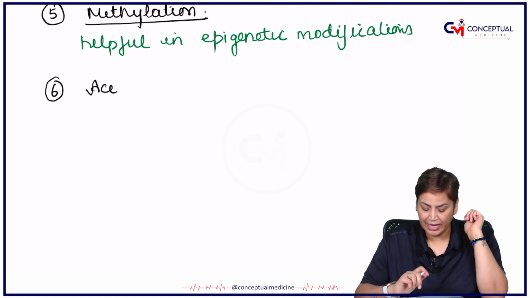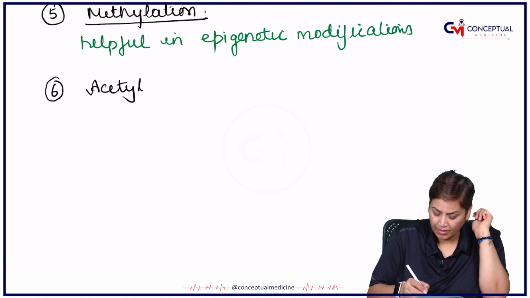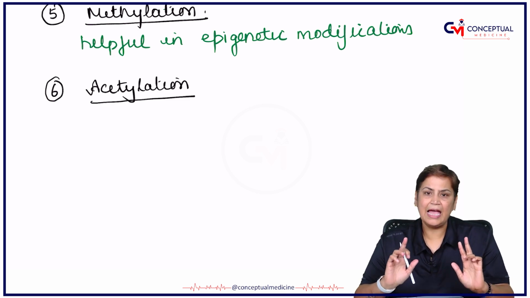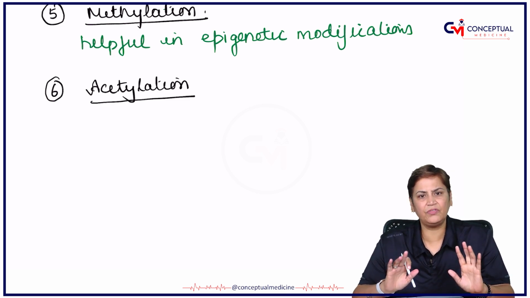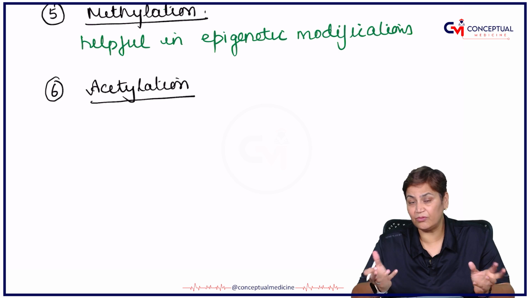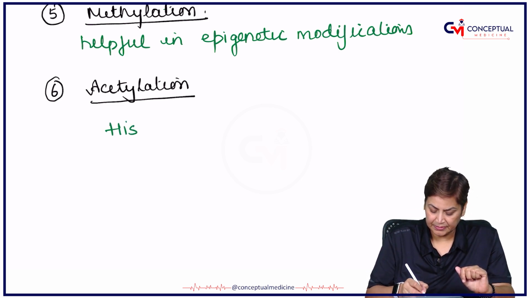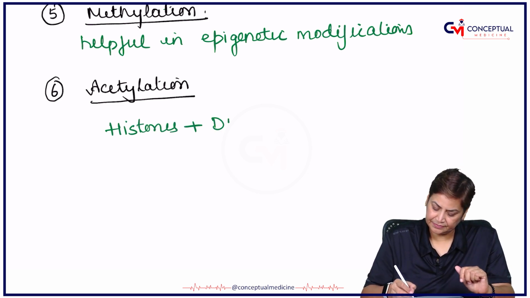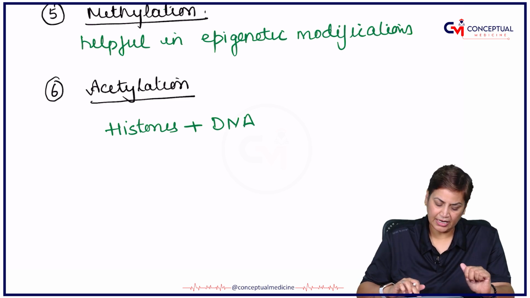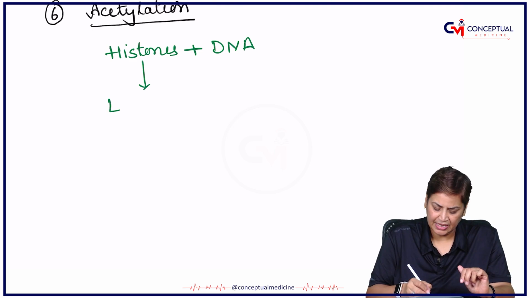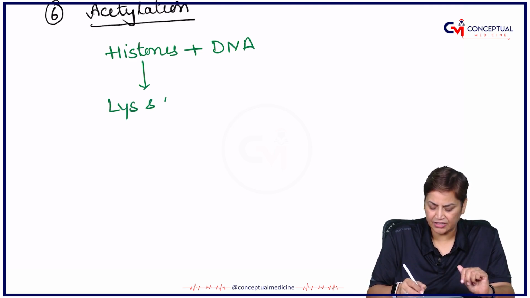Now if we talk about acetylation, this is a very important step. Actually, what happens in acetylation, we know that nucleoproteins are there. What are nucleoproteins? The histones bind with DNA. Okay. And what are histones? Histones are simply the basic proteins rich in lysine and arginine.